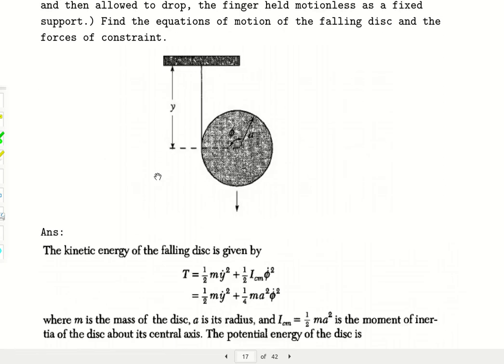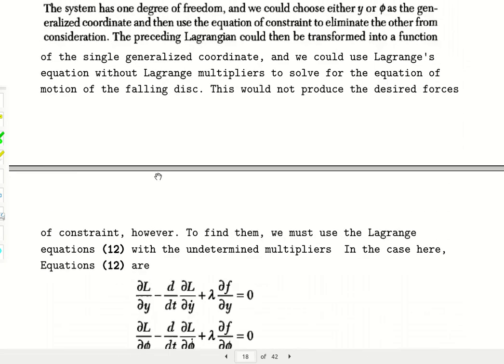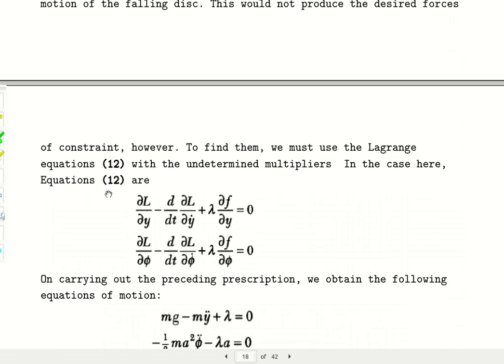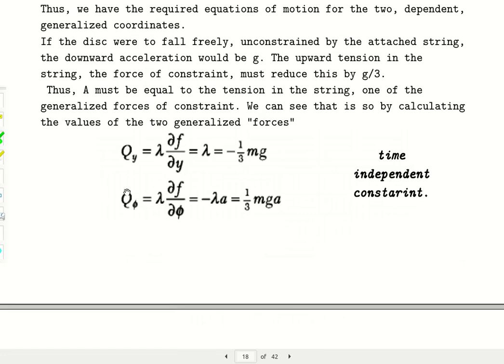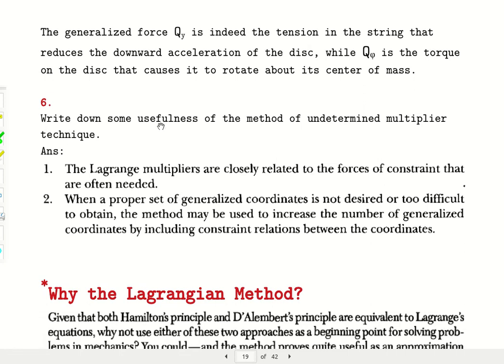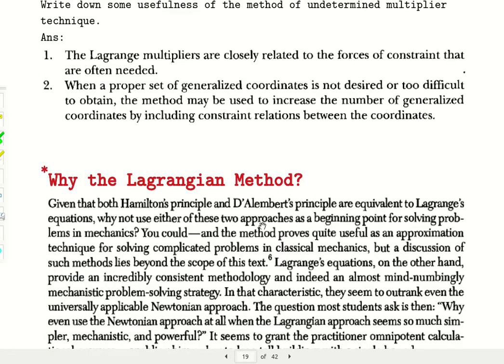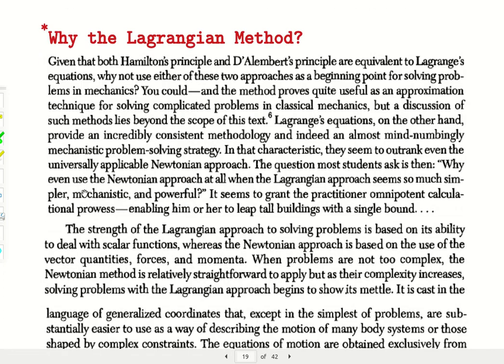Okay, there is another problem. You can do it on your own, to test whether you can understand it and solve it yourself, then it will be of great success. Here again there are two reactionary forces but one Lagrangian undetermined multiplier. There is a question here, which I have written for your self study: why the Lagrangian method has been used.